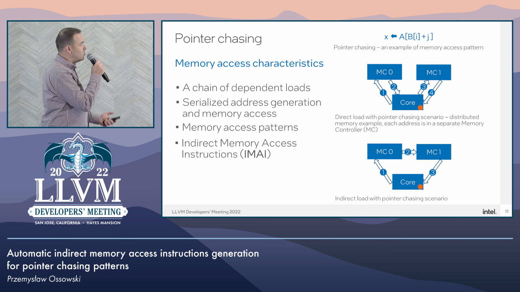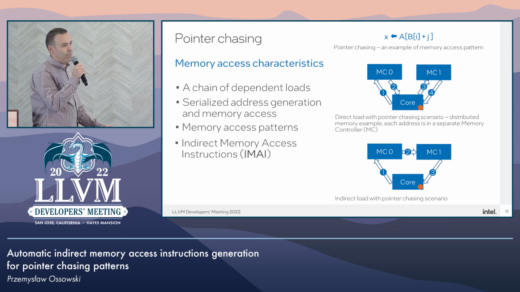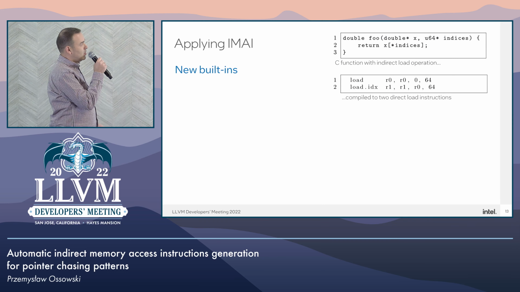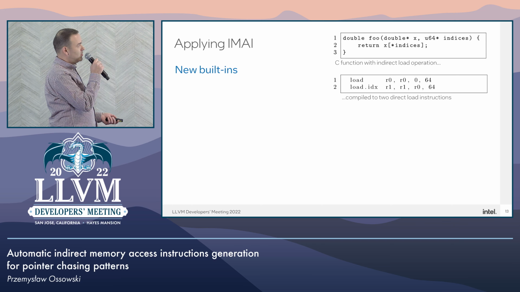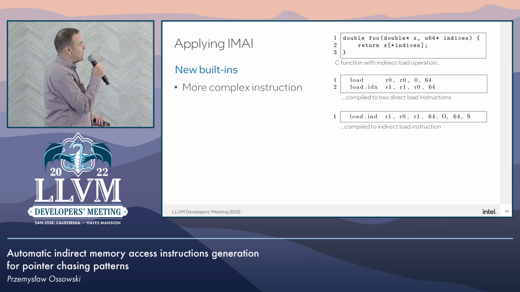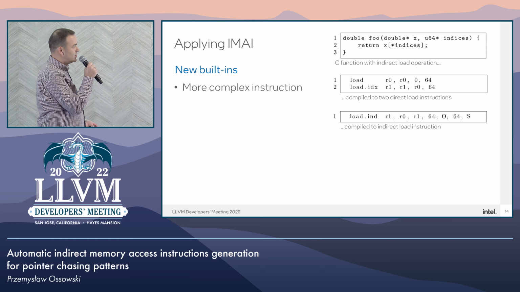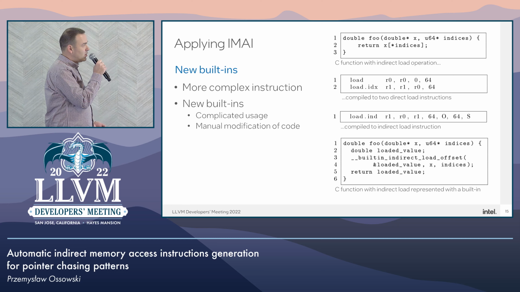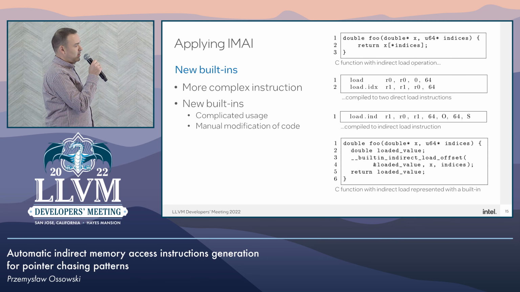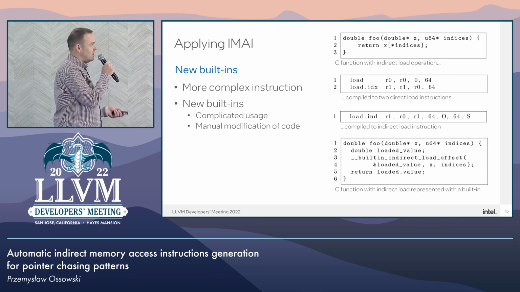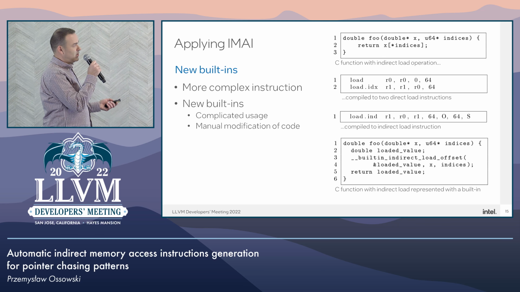All right, so we have a new instruction, and how can we apply it in a compiler? For such a snippet of code, we normally generate two load instructions, and we want to replace them with one load indirect instruction, which you can see here. This instruction is quite complex, so it will eventually end up with a quite complex built-in, which has several parameters, and a programmer has to know exactly which parameter means what.